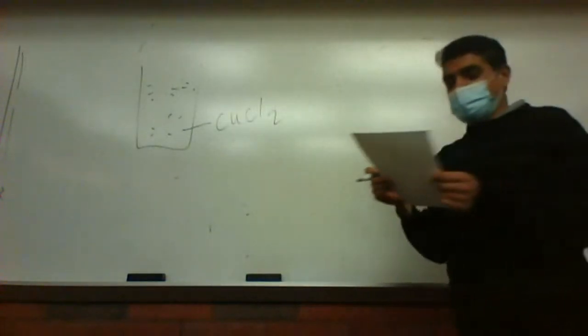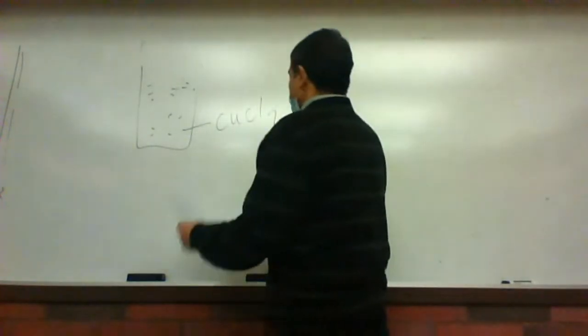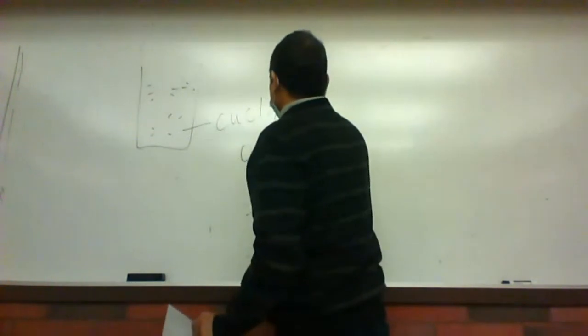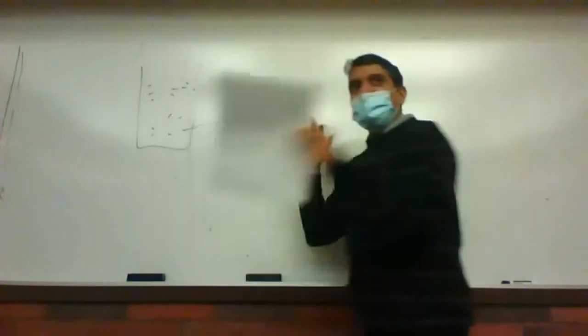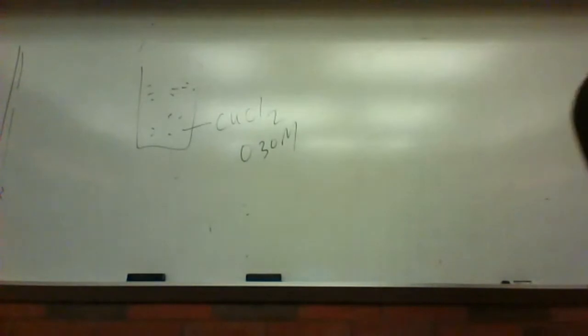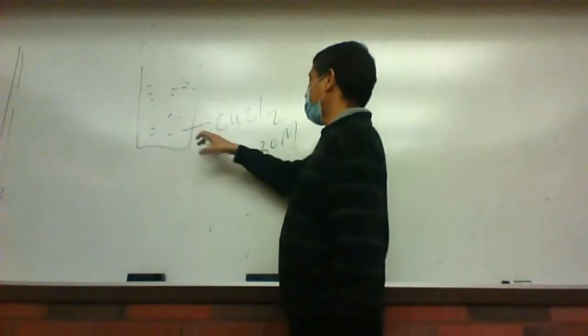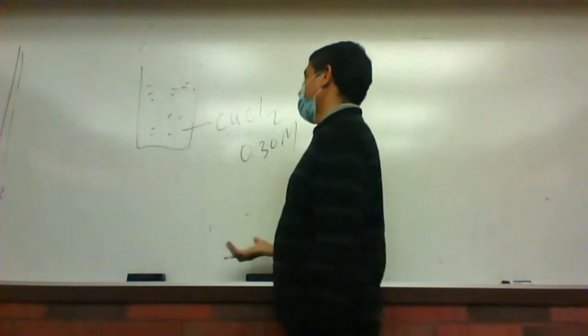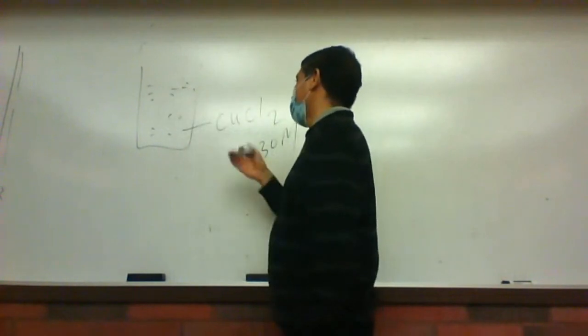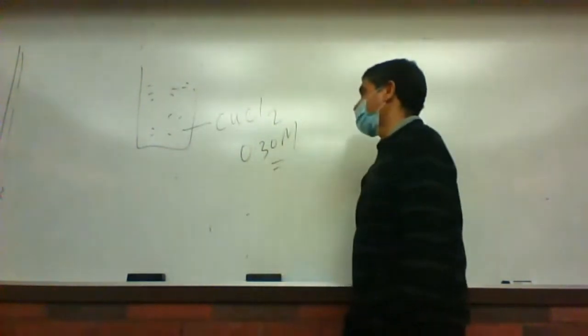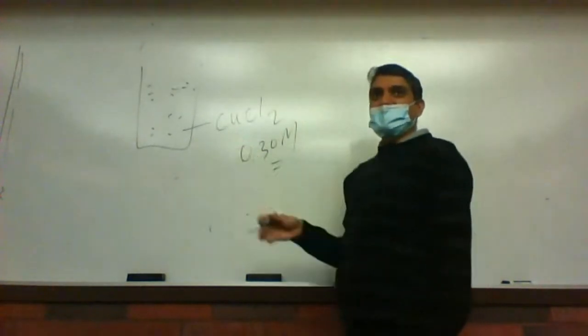And the molarity of this solution is 0.30 molar. So where does that number come from? He converted the grams he put to moles, then converted the solution volume to liter and divided the mole by liter, and he got 0.30 molarity of this solution, right?